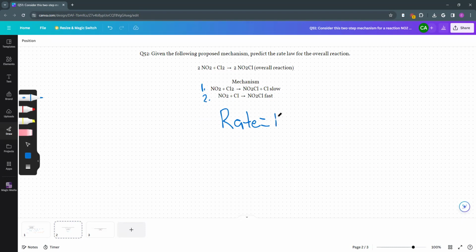Rate equals K1, NO2, Cl2. Again, I'm just reading off my slow mechanism to get this. And then I asked, do I have any intermediates? I don't. NO2 and Cl2 are reactants in my reaction, so I'm done. That's it. Let's go on to 53.